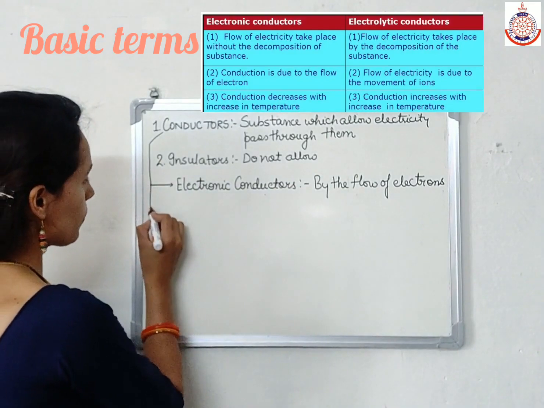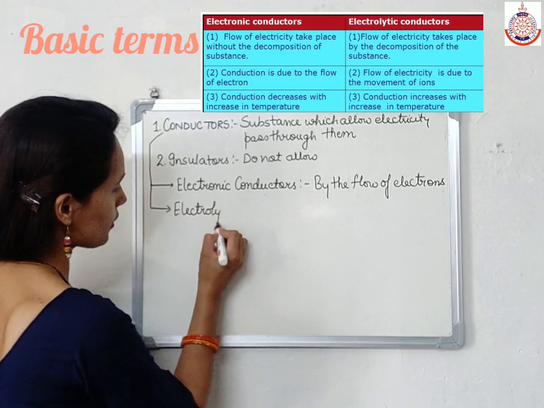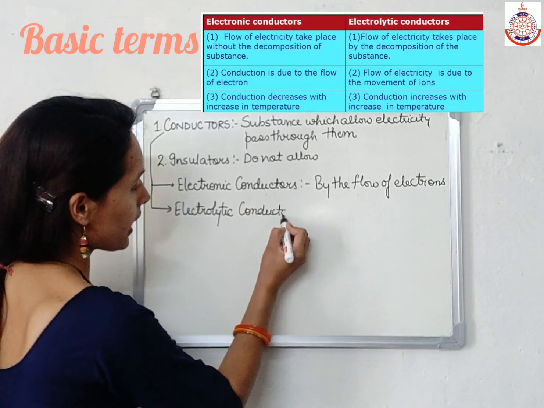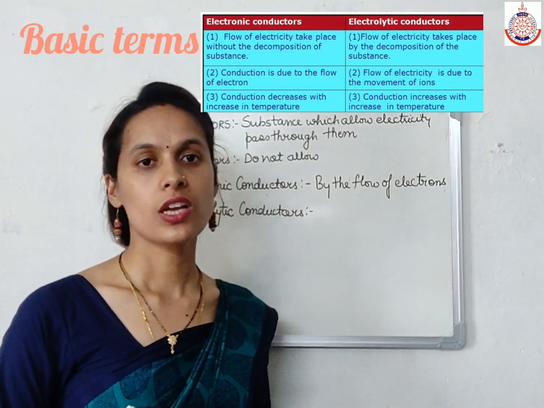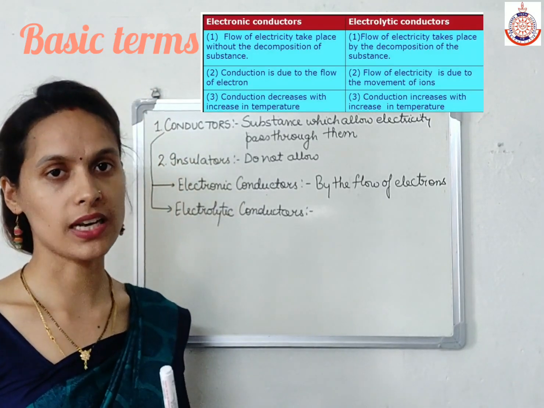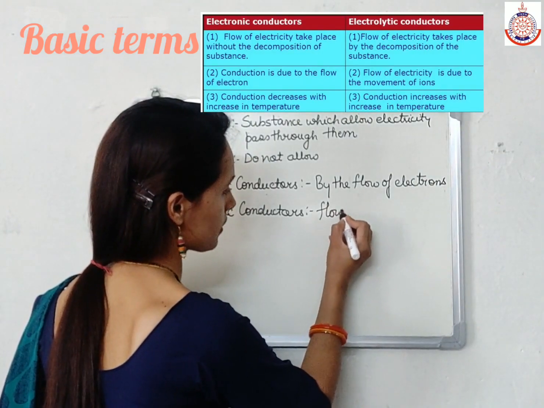And the second one are electrolytic conductors. Now what are electrolytic conductors? Electrolytic conductors are those conductors in which the passage of electricity is due to the flow of ions.